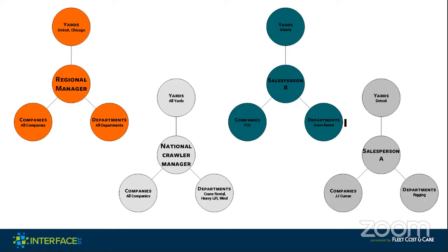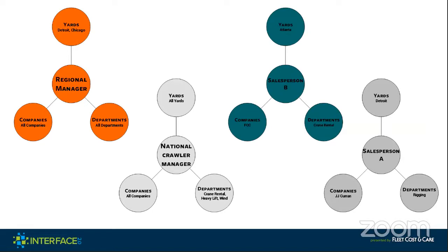So the regional manager and that national crawler manager there in gray on the bottom left are going to see each other, right? They've got a yard in common because the national crawler manager has all yards. They're going to have a department in common because the regional manager has all departments. And they're going to see each other because they've both got all companies.